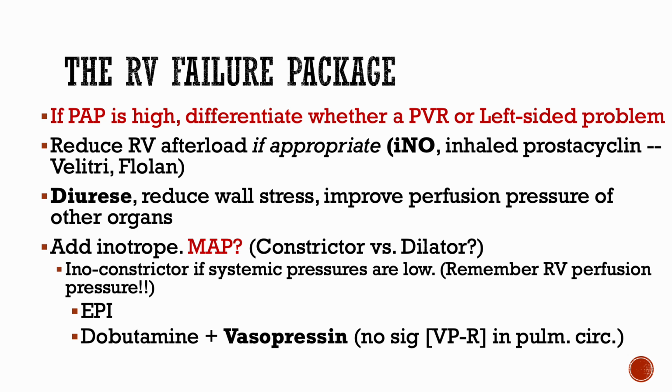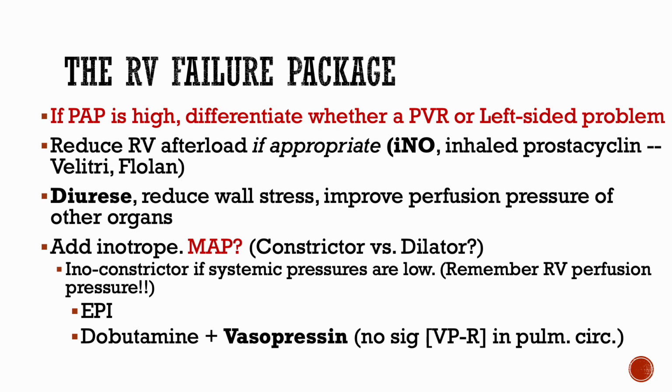So assuming that you have a high PVR problem, you want to reduce the RV afterload if appropriate. So if it's a left-sided problem and you start giving pulmonary vasodilators, you can actually create some hydrostatic pulmonary edema and things might be worse. But assuming that you have a high PVR and you want to reduce your RV afterload, inhaled nitric oxide, inhaled prostacyclin, here are a couple different brands that are out there.